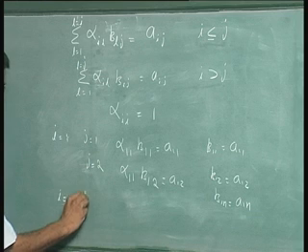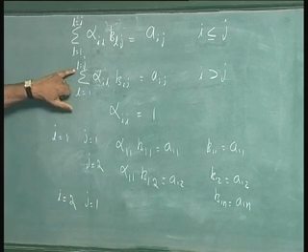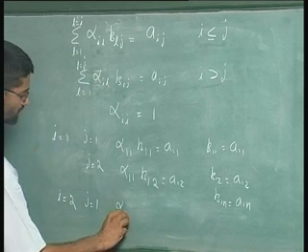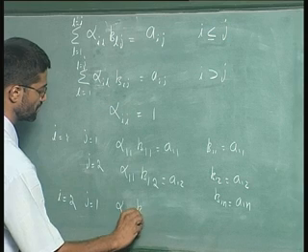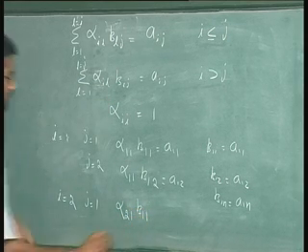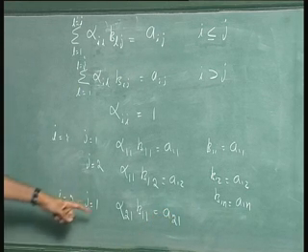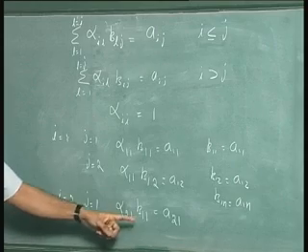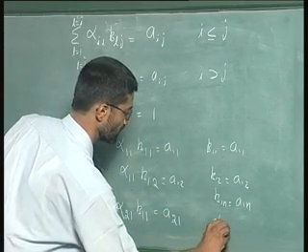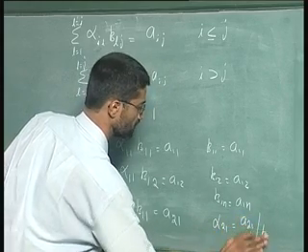For j equal to 1 we will have only one element, l going from 1 to 1, so we will have alpha 2 1 beta 1 1, j is 1, beta 1 1 equal to A 2 1. And from this we know what beta 1 1 is, just A 1 1. So I will write alpha 2 1 as A 2 1 by beta 1 1, which is A 1 1.